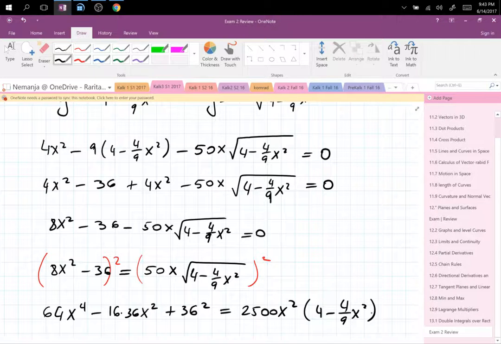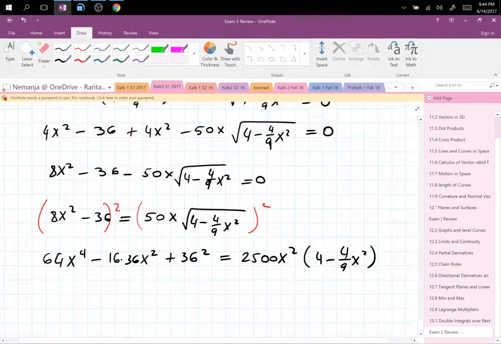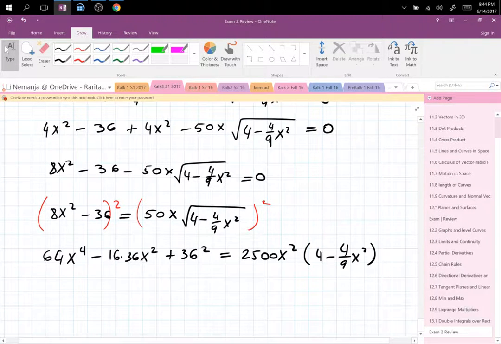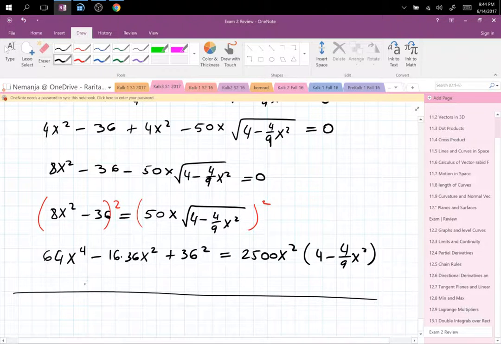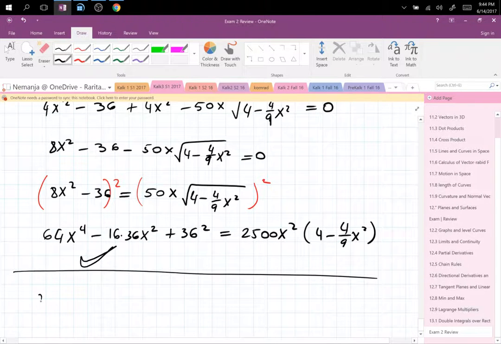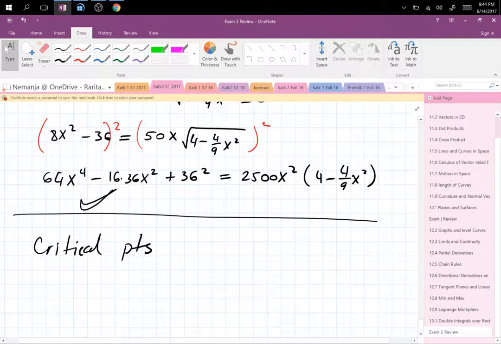Yes, no? Yeah, hang on. All right. Find the critical points of the following. Find f of x, y equal to 7x squared minus 3y squared.